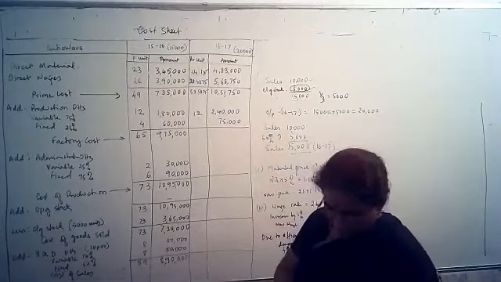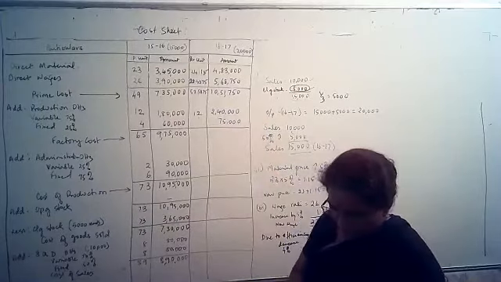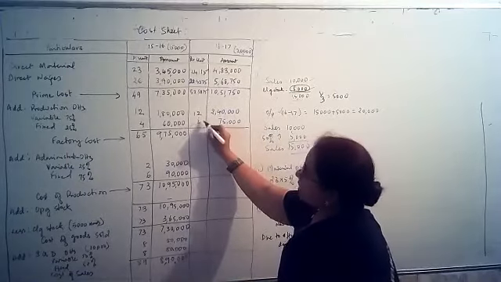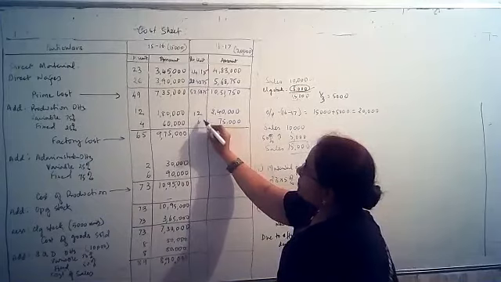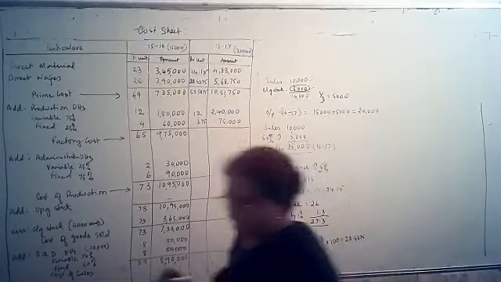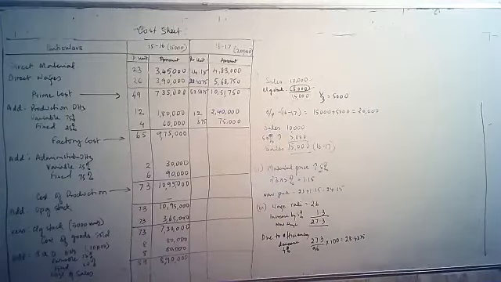So 75,000 divided by 20,000 per unit will be 3.75. Now add up all the amounts which we have calculated.